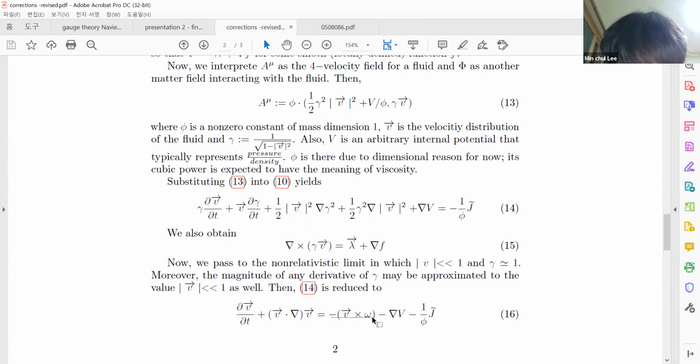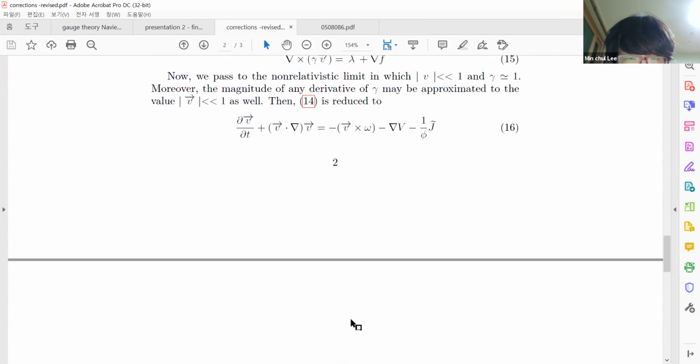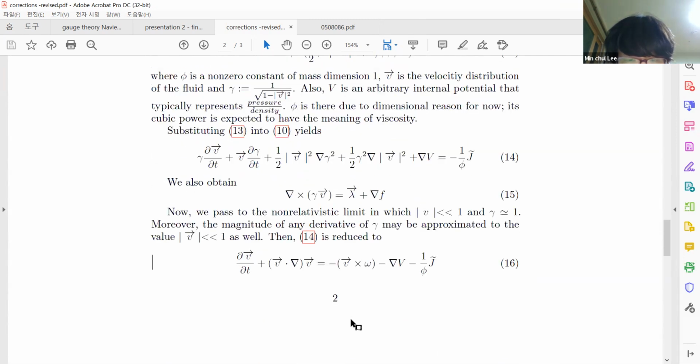So without this term, it is the fluid equation. Okay, I see. Okay, I think I have to make major corrections. Thank you for your comment. Sure.